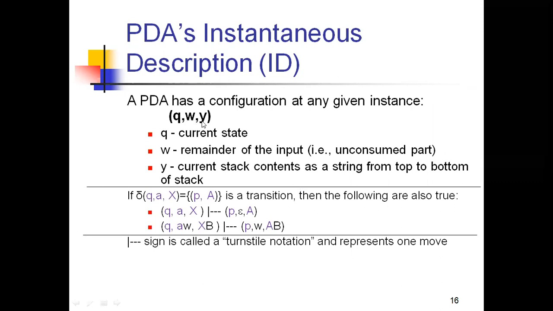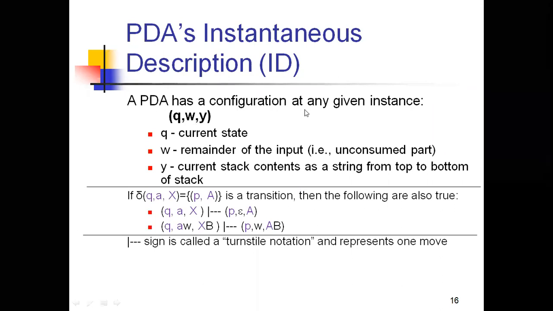Q, W, Y. And here the PDA always has a configuration at any given instance, and the configuration is in the form of this. For example, if delta of Q, A, X is P comma A, here we are having a transition, and then the following is also true. How to show that it is true? See, this representation is an instantaneous descriptor representation.